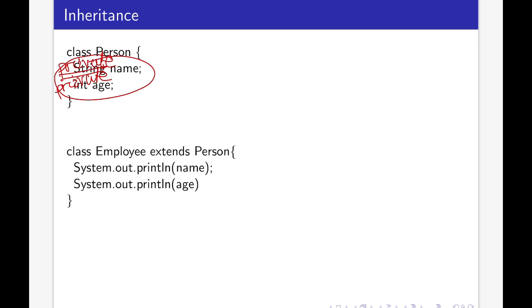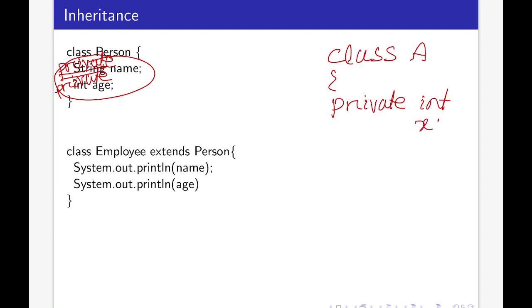So if one data member is private, then that data member cannot be accessed from outside that class. Suppose for example we can write class A, and inside class A we have one member private int x. Then we cannot access this x from outside the class A.